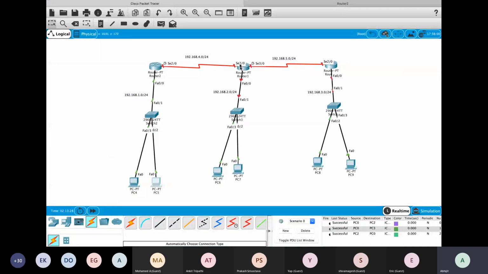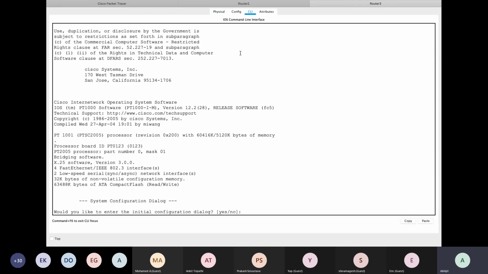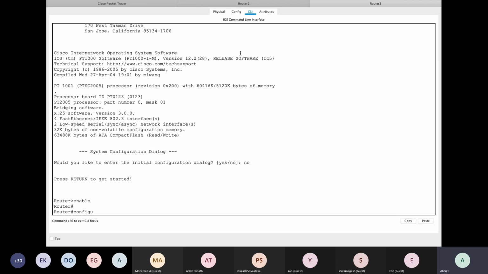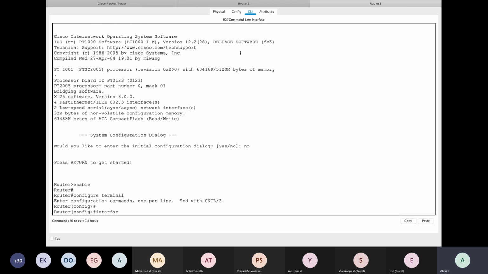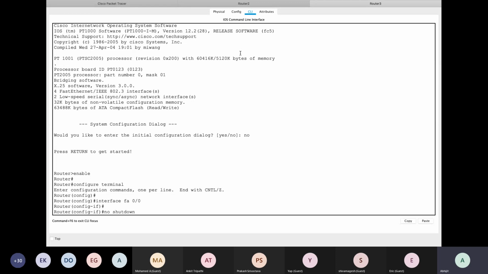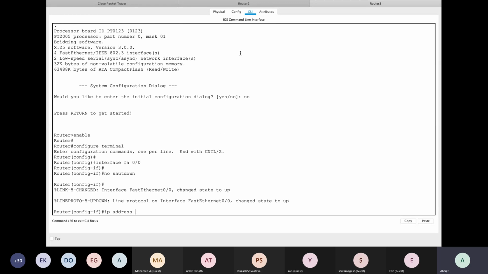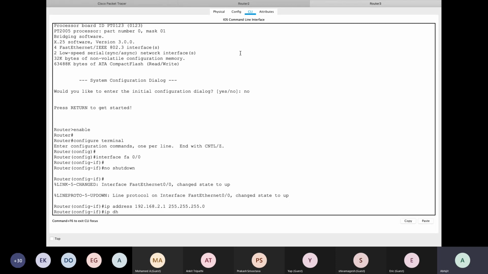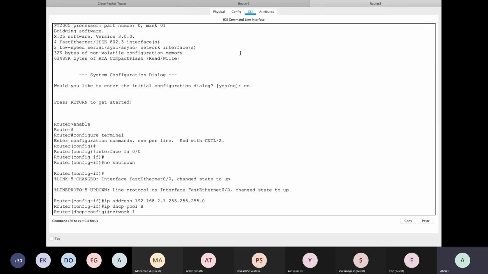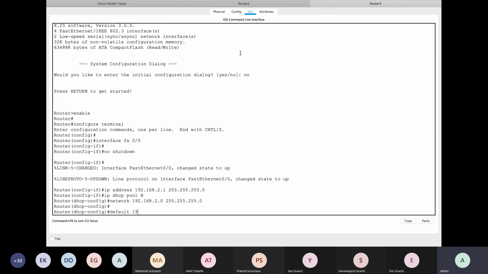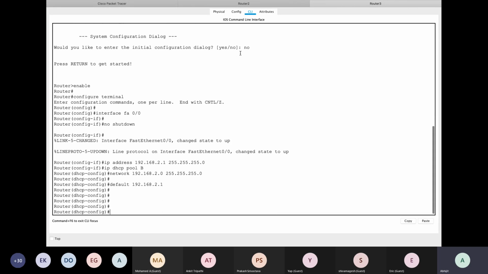Then I'm going to go on to the R2 and configure three of these networks, 2.0, 4.0 and 5.0. So I click on this, go to CLI and say no, enable, configure terminal, interface FA0/0, no shutdown, IP address 192.168.2.1 along with the subnet mask, and IP DHCP pool B, network 192.168.2.0, 255.255.255.0, and default router 192.168.2.1, right?